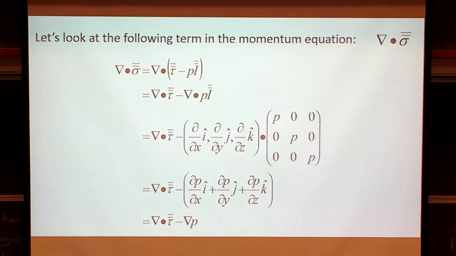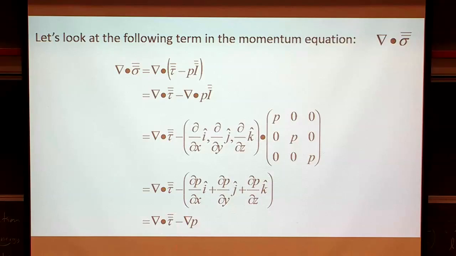I just want to quickly go through this, since Michael dealt with it yesterday. Once we do that, if we have the divergence of the stress, we can do some vector calculus here. The cool thing is that it equals the divergence of the deviatoric stress minus the gradient of the pressure. It's useful to have this pressure term.